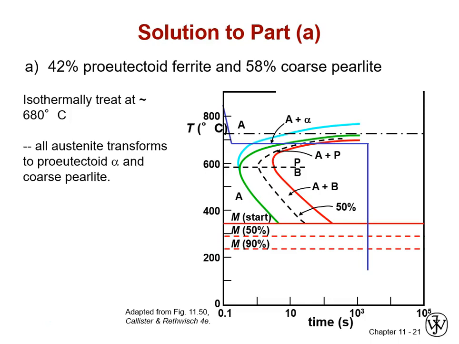The dotted line in the middle of the diagram with a P on the upper side and the B just below it is the demarcation for pearlite versus bainite. Both are decomposition structures where carbon will diffuse from austenite to form alpha ferrite and cementite, but bainite is a finer structure. The order of phase formation is a little bit different, and it will be stronger due to the finer scale of the microstructure.